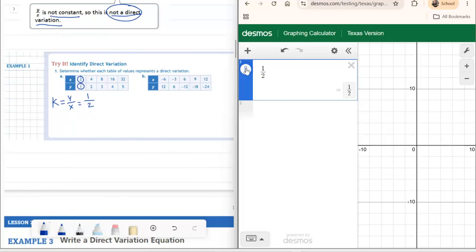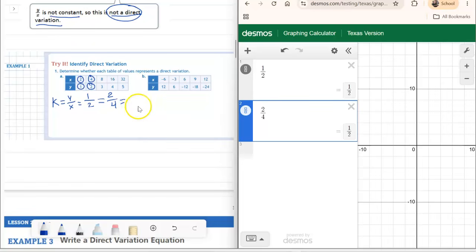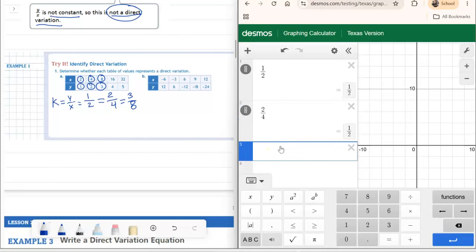You can also change it to a fraction, which is 1/2. Then we're going to take the next one, 2 at the top, 4 at the bottom, and see what it gives you. So 2 divided by 4 also gives you 0.5, which is 1/2. Let's do the next one, 3 divided by 8. We're going to put that in Desmos.